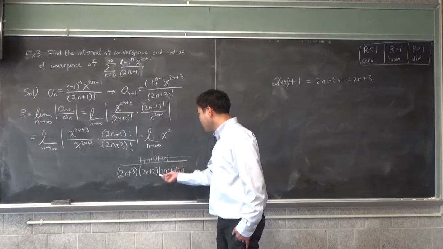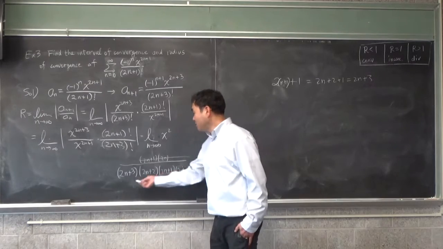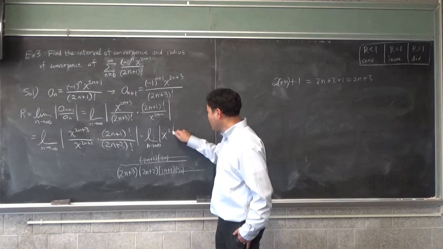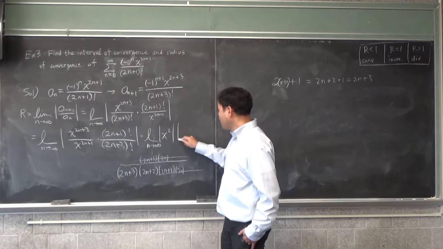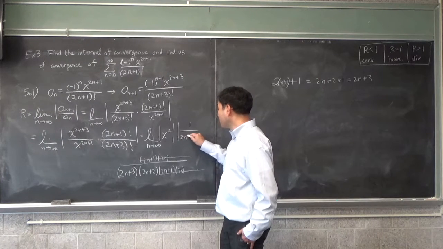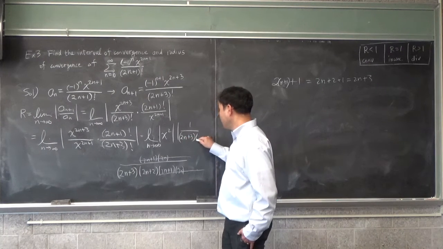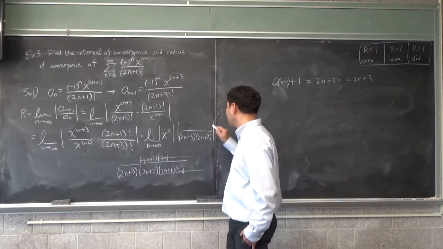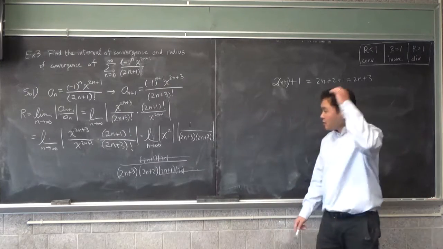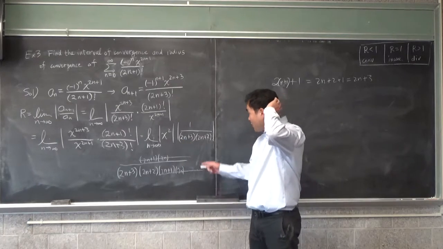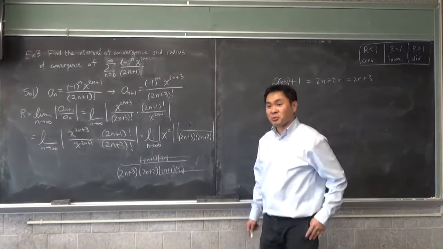So after canceling all that, this is the thing that's left. You're going to end up with the absolute value of x squared and the absolute value of 1 over 2n plus 3 times 2n plus 2. I guess x squared is non-negative, so we don't need absolute value there. This is also positive, so we don't need anything.